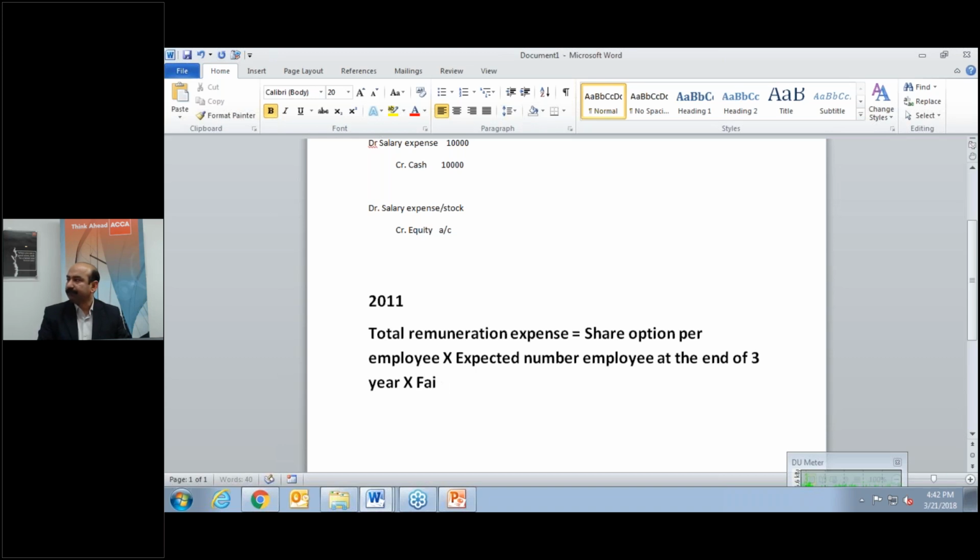Fair value is fair value of share option at grant.